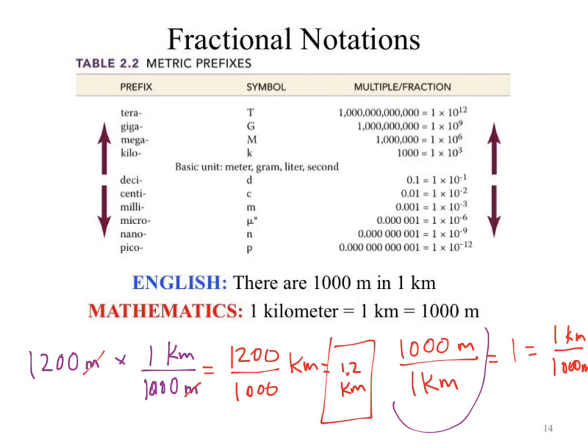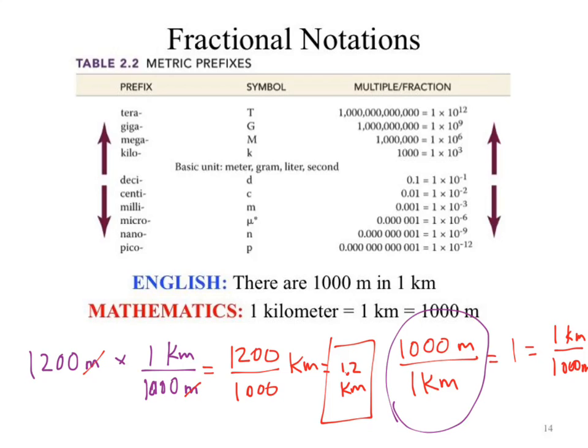What was the whole reason we used that? We used it to convert meters into kilometers. It's a conversion. Okay. Why can we do that? Because just as we just proved, it's mathematically equal to 1. All we're doing is multiplying by 1 and letting our units help with that conversion. Okay. Kind of makes sense?